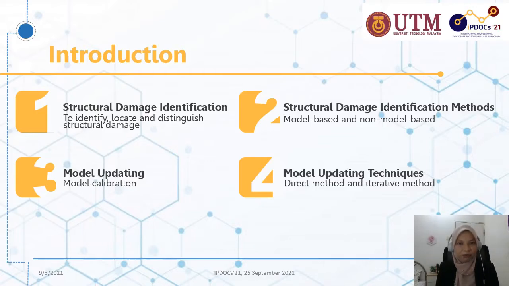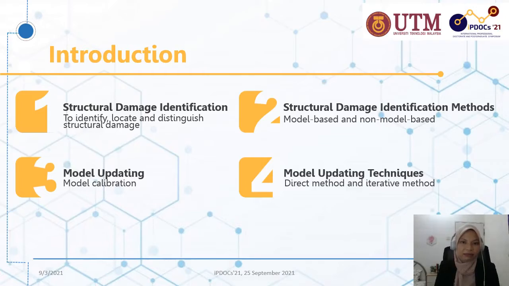There have been numerous studies to investigate structural damage identification. Song et al. classified the methods of structural damage identification into local methods and integrated methods. The local method is a non-destructive testing, while the integrated damage identification methods are based on structural vibration.